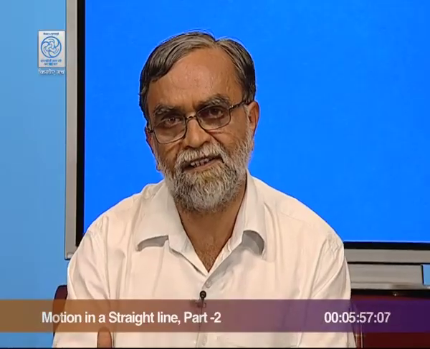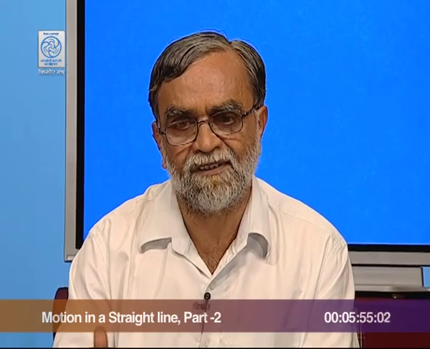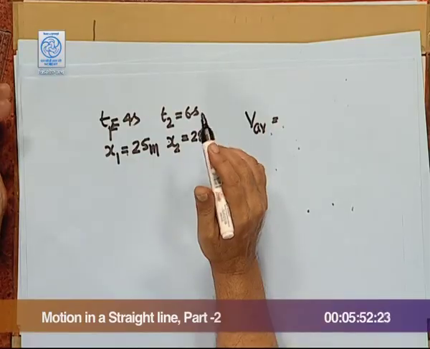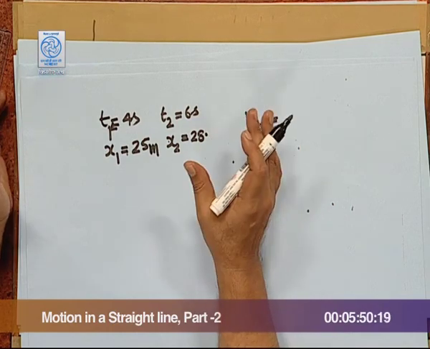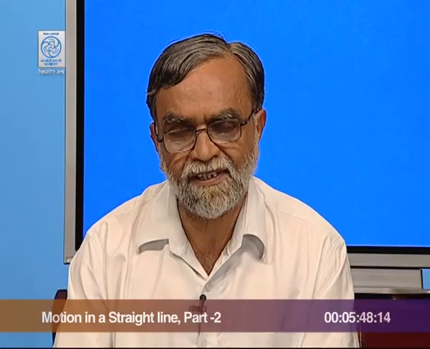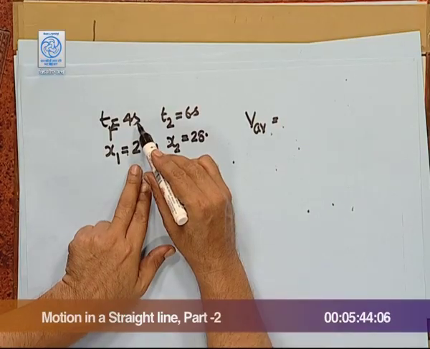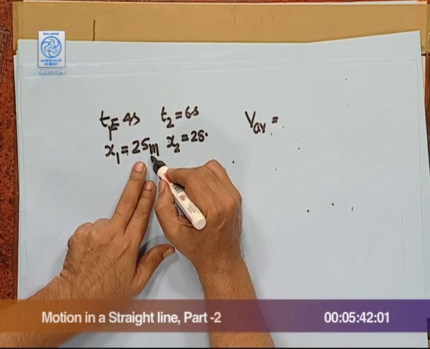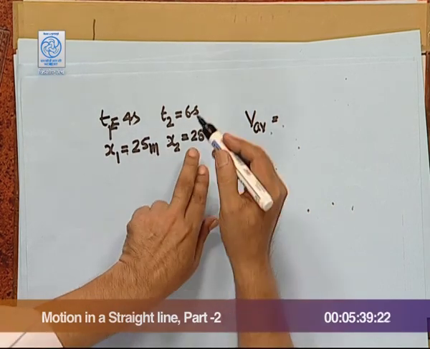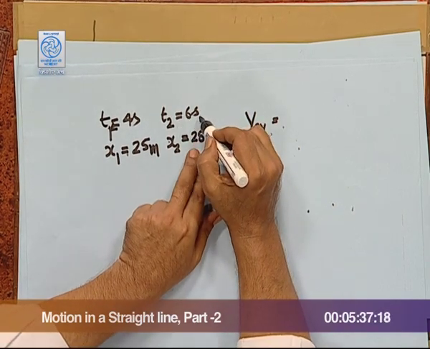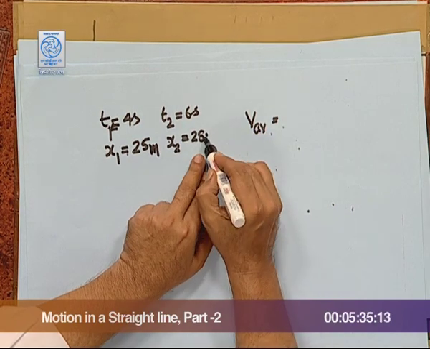Let us calculate the average velocity in the interval between 4 seconds and 6 seconds. The position at t1 equal to 4 seconds is 25 meters, and at t equal to 6 seconds, the position coordinate happens to be 28 meters.